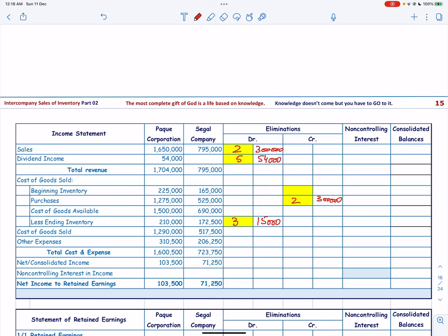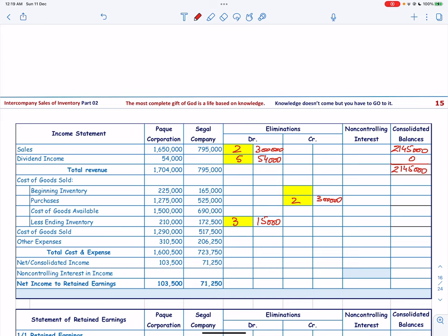So this will be equal to 2,145,000. We have dividend income, that is 54, and there is a debit of 54, so that makes 0 as our dividend income. So the total is 2,145,000.